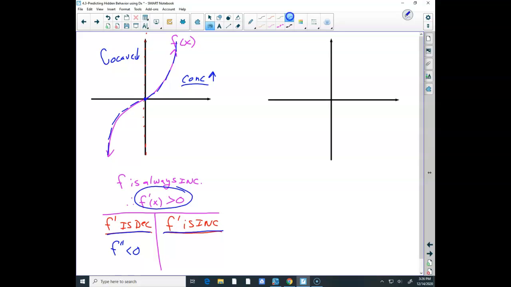And when f prime is increasing, meaning my tangents, as I go left to right, my tangents are getting steeper, okay, f double prime is greater than 0, meaning I'm concave up, okay, concave up. And this side, concave down. So I can think about that. Well, that's just like off of a cubic function.